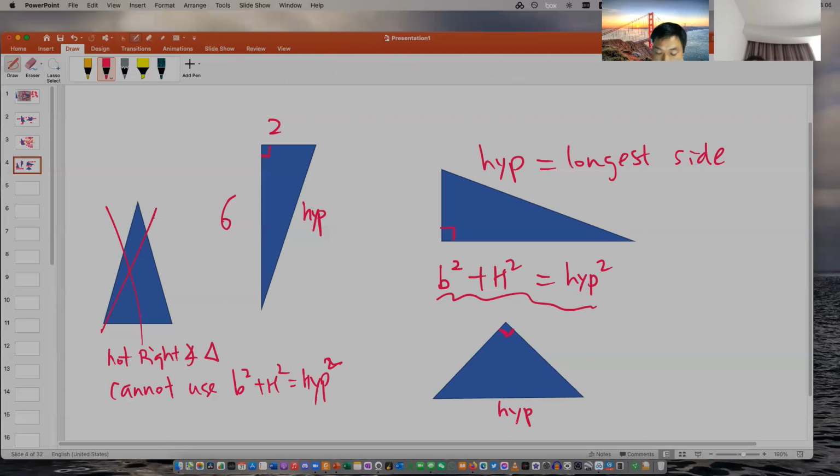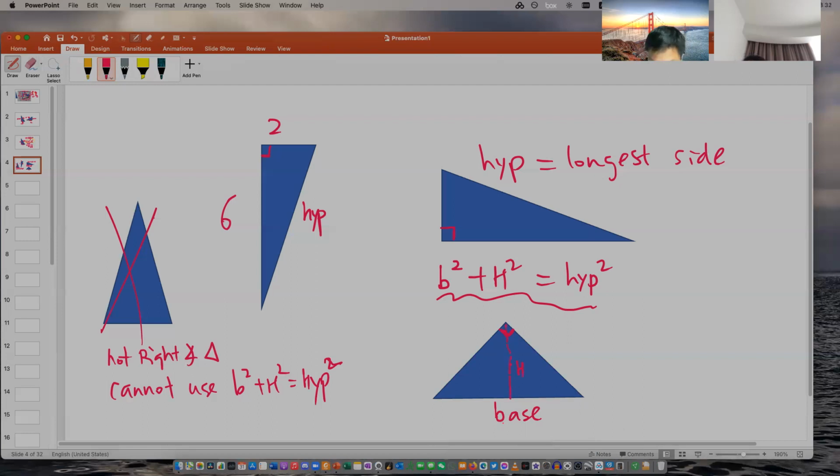If I never told you the hypotenuse is the longest side, a lot of students would never think this is the hypotenuse. They will think this is the base, and then go and find the height. So which one is the height? This is the height, right?